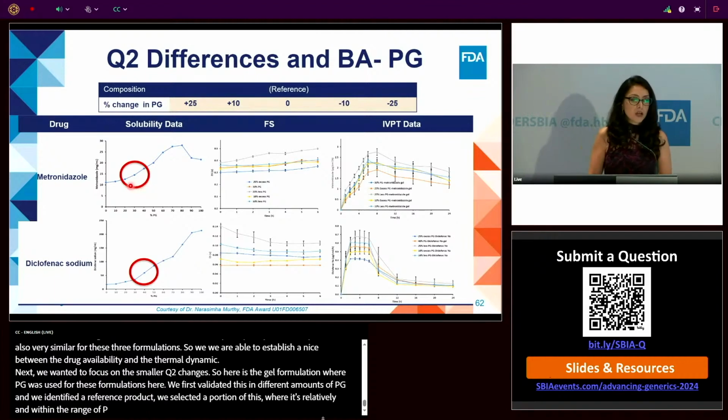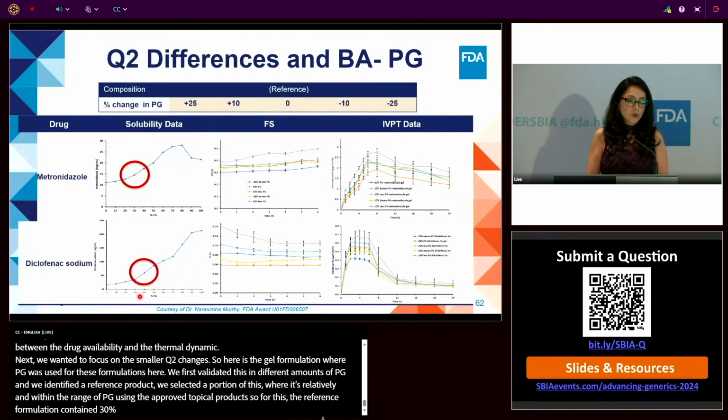So for metronidazole, the reference formulation contained 30% PG, but for diclofenac, the reference formulation contained 40% PG.